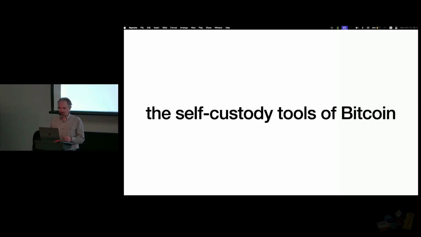So you want the self-custody tools of Bitcoin, especially if you're trying to secure your Bitcoins. Your web of trust needs to have a similar level of security. You have a lot of proof of work, anchoring things, we can use that. You've got a lot of censorship resistance built into the Bitcoin network, we can utilize that. And you've got a lot of options in custody design built into the script system of Bitcoin, and we can use that.